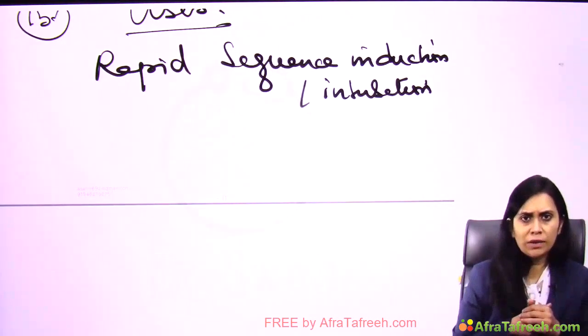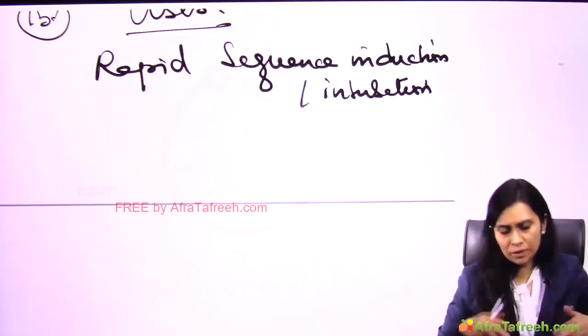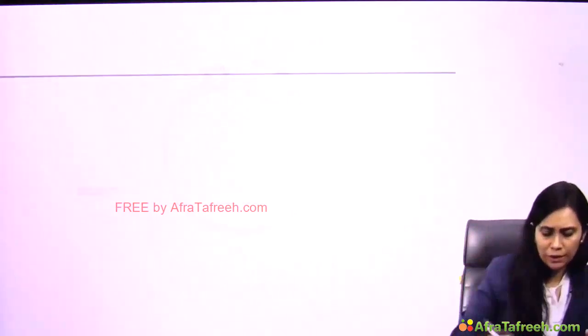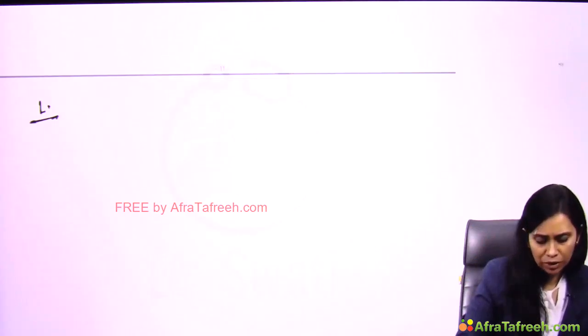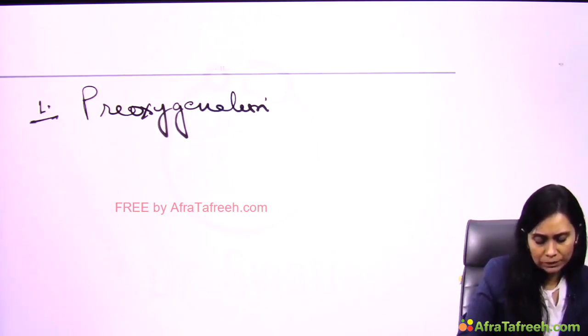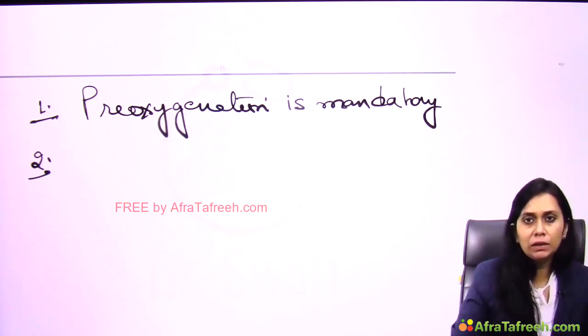Coming to the steps of RSI. There are 5 steps of RSI. Let me write it. Let me explain it. Okay? So what are the steps of RSI? Number 1. Pre-oxygenation is mandatory. We pre-oxygenate our patient, give 100% oxygen.